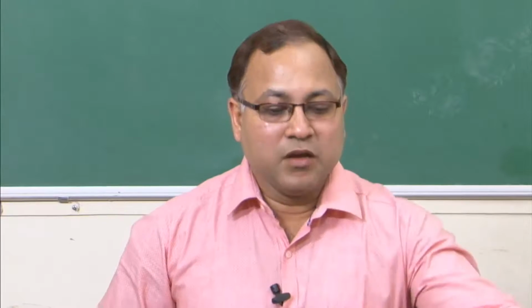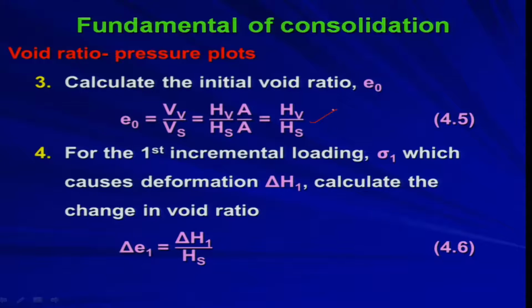So, in the fourth step, for the first incremental loading sigma 1 which causes deformation delta H1, calculate the change in void ratio. Whatever we have calculated so far, those are the initial parameters. Now, you are applying some incremental loading sigma 1 and due to that you are getting some deformation.